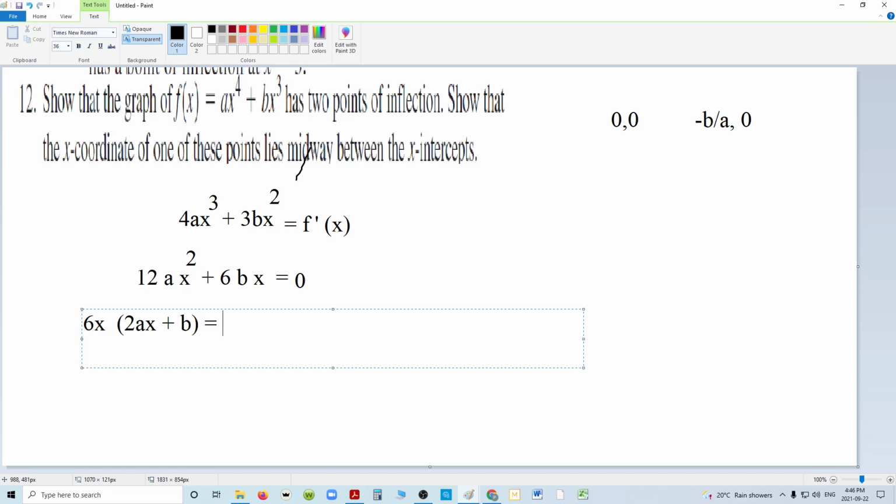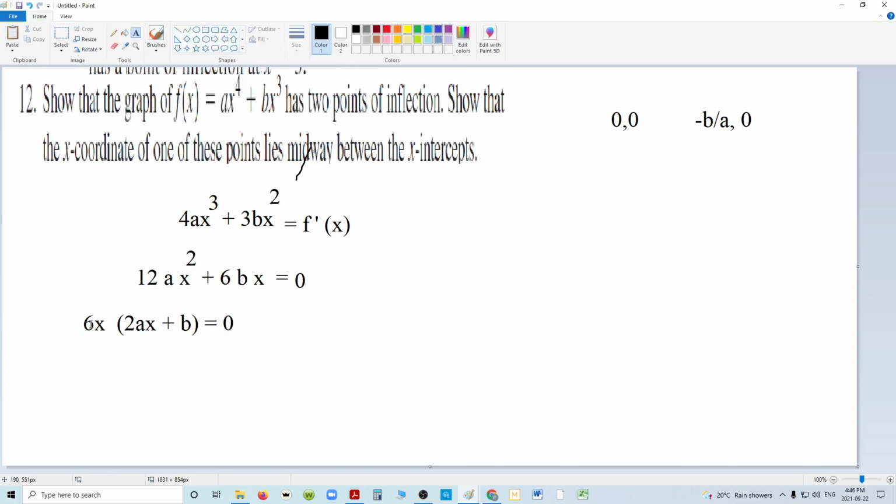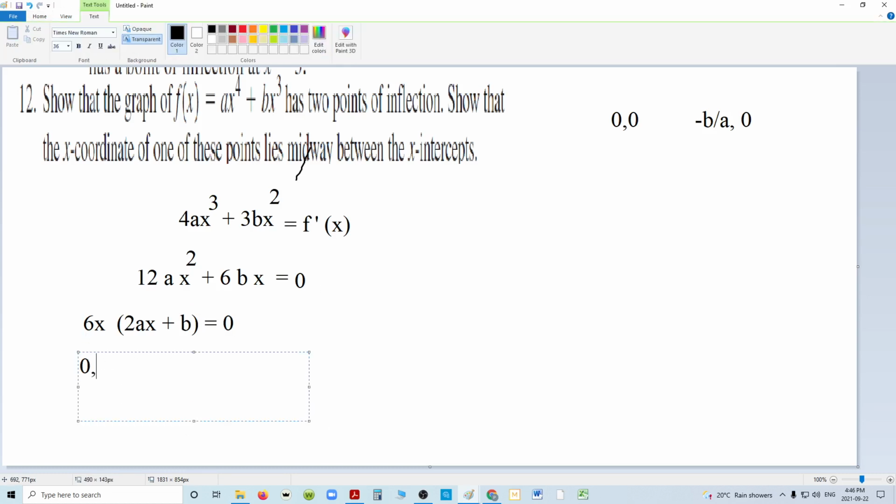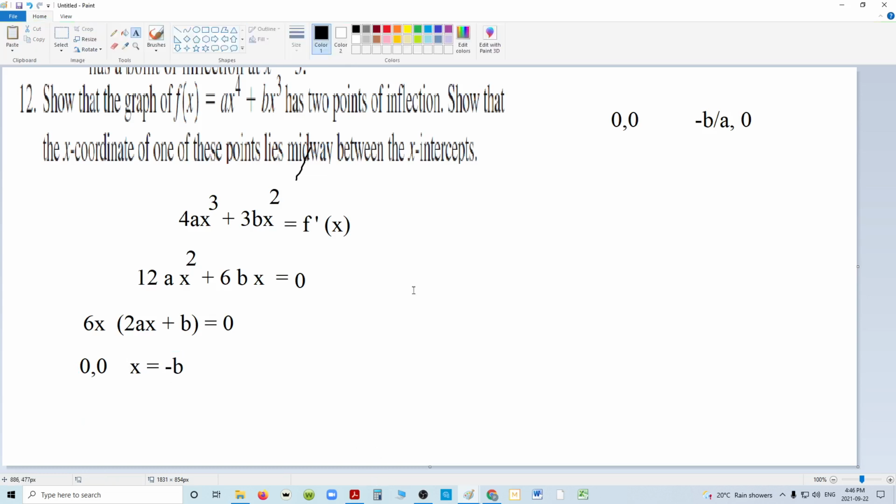Which means there's 1 point of inflection, that's 0, 0. And there's another point of inflection when 2ax plus b is equal to 0. Well, that's when 2ax is equal to minus b. And that's when x is equal to minus b divided by 2a.